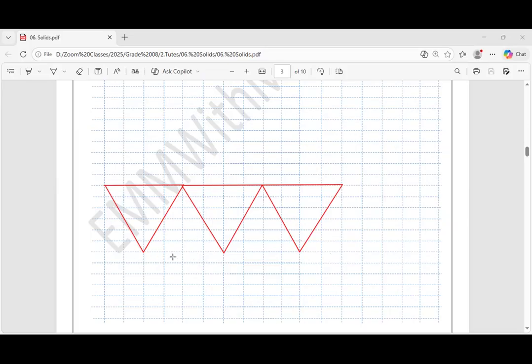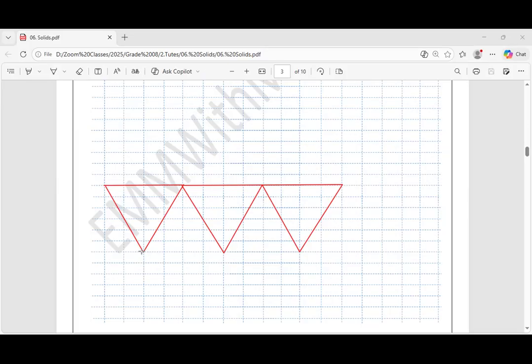These are not squares but quadrilaterals, so they are not in a square shape. Hope you have finished drawing.